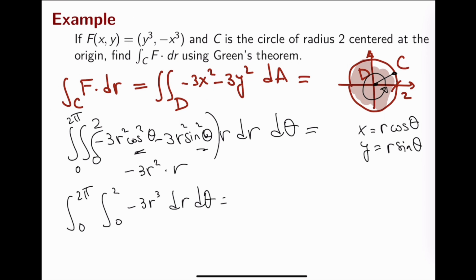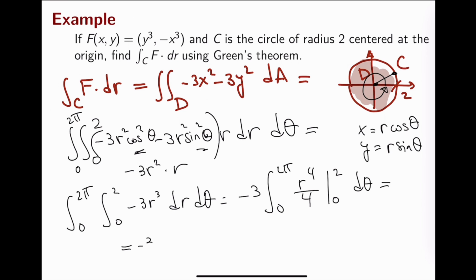And now we can take the minus 3 outside of the integral, and let's integrate this with respect to r. So this is going to be r to the fourth over 4, evaluated between 0 and 2.